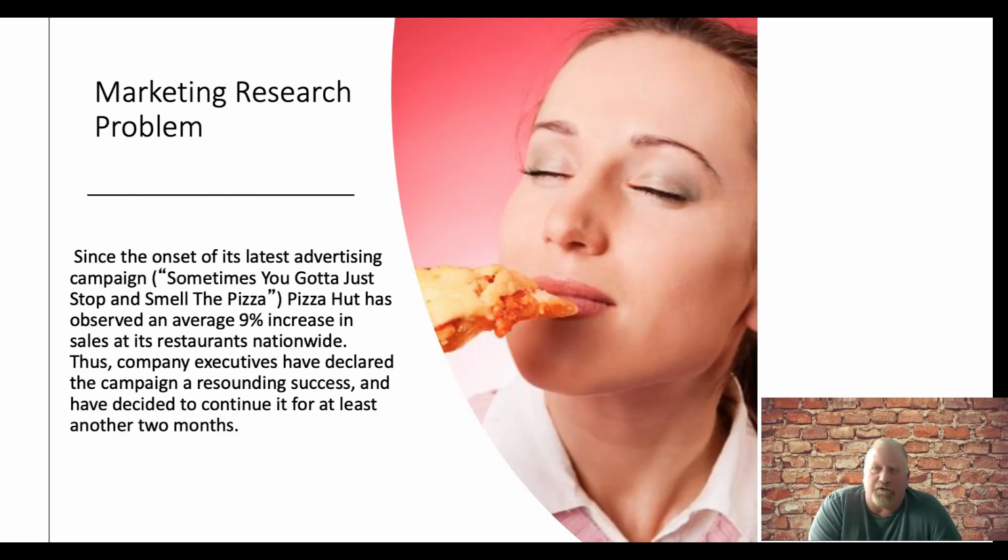First of all, since the campaign, we saw an increase in sales. Will we continue to see an increase in sales when we continue the campaign, or has the campaign been saturated? People have seen it, they've just gotten used to it. Another thing, do we know that the campaign itself is what increased sales, because it was throughout the whole country?